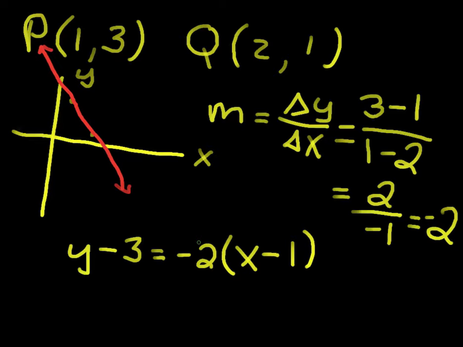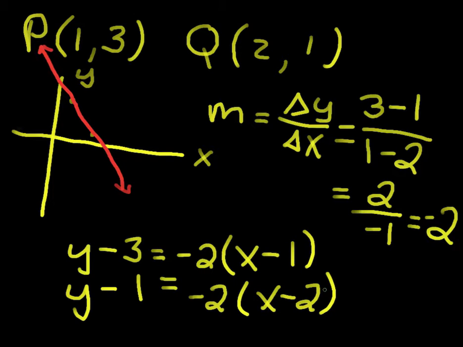This isn't the unique equation for the line, because I could have used the point Q, 2, 1. So an alternative form of this equation is y minus 1 is equal to negative 2 times x minus 2. Both are perfectly good, valid equations of this line.